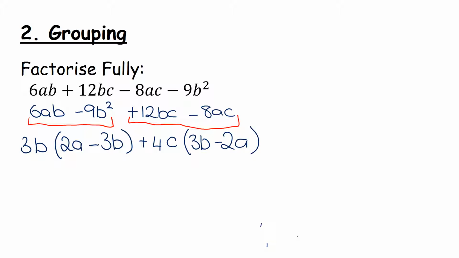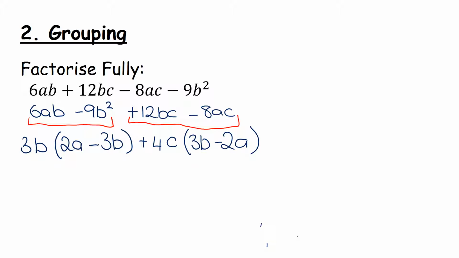Now at this point it's really important that I check my brackets, and my brackets should always be the same. So here I have a 2a minus 3b, here I have a 3b minus 2a. So they look somewhat similar, but they are not the same, so something has gone slightly wrong. My signs in this bracket do not match the signs in this bracket. The signs are the opposite.